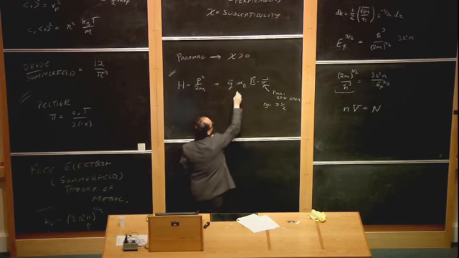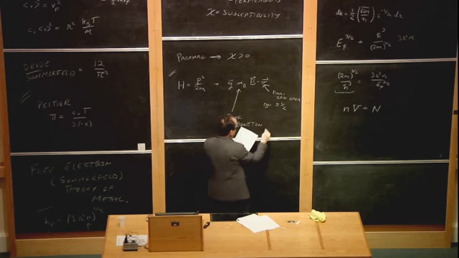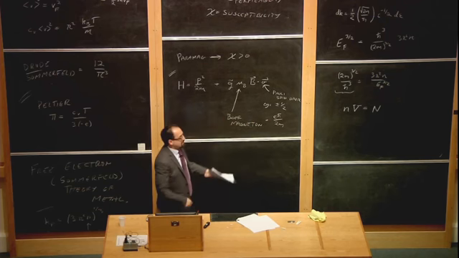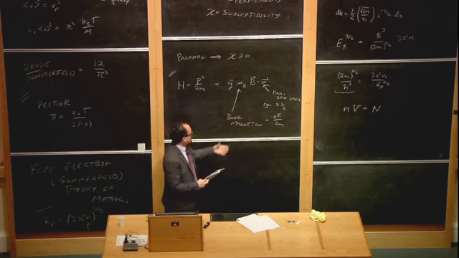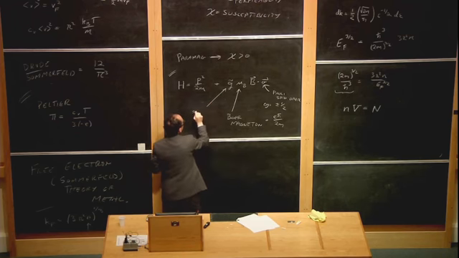B is the magnetic field. Mu here is the Bohr magneton, a fundamental constant, equal to e h bar over 2m. Numerically, it's useful to keep in mind that that number is somewhere around a Kelvin per Tesla of energy. G here is the g factor.